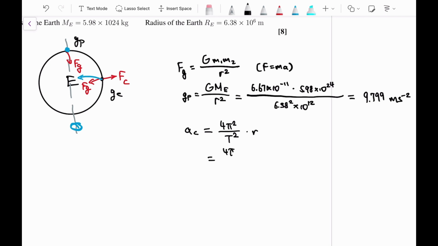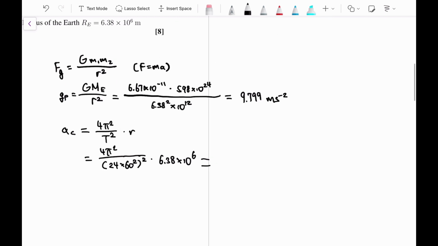Now 4 pi is a constant, we don't need to know that. Now T is just 1 day, so that's 24 hours times 60 squared to give us seconds. And then r is given, it's 6.38 times 10 to the power of 6.